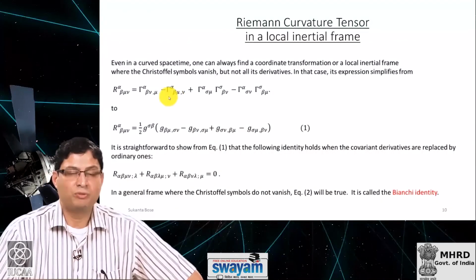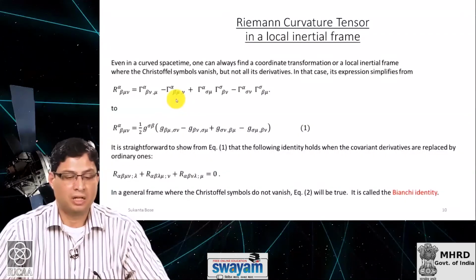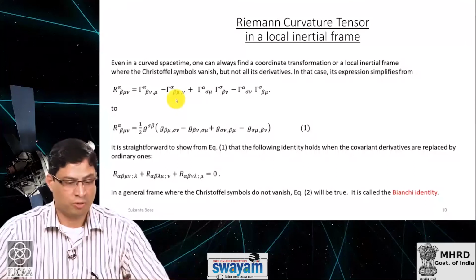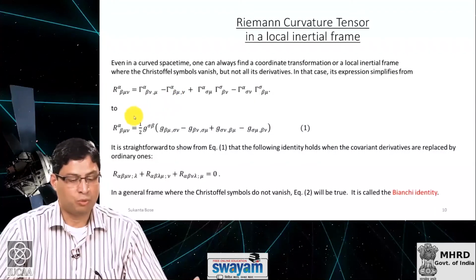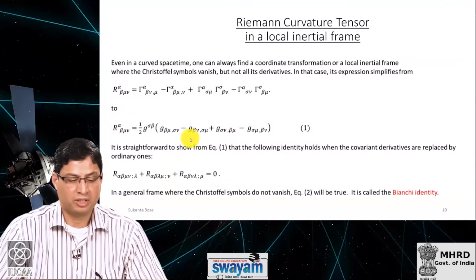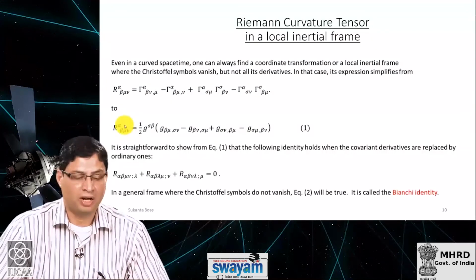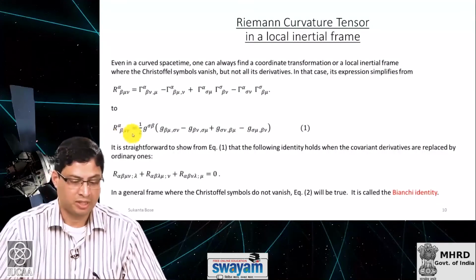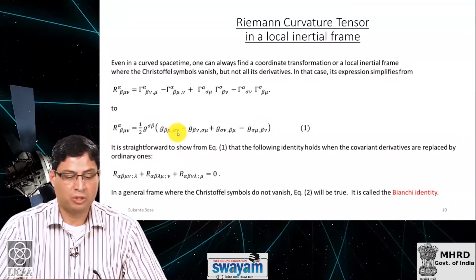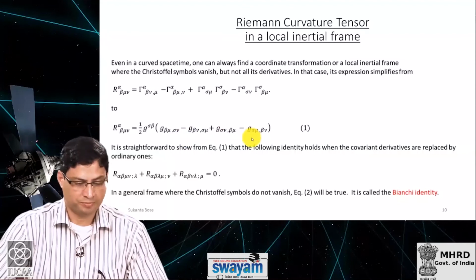But if you manage to move into a local frame, like a freely falling elevator where you were moving with the freely falling constellation of 4 balls, you can simplify this expression where R alpha beta mu nu is completely given in terms of double derivatives of the metric. Here again you can remember this expression very easily by remembering the symmetry properties of R alpha beta mu nu introduced on the previous page. But sigma mu nu coming after the comma basically means that this is a double derivative with respect to x sigma and x nu, and similarly for the other terms.